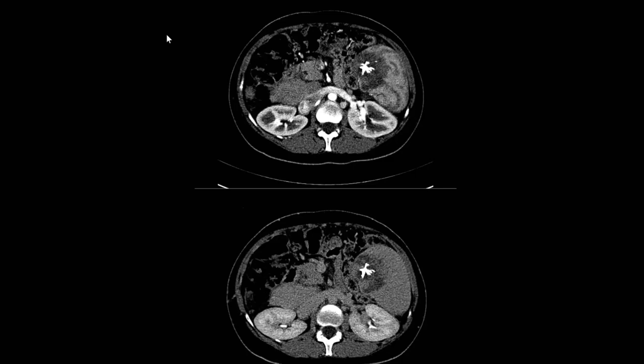On the basis of my findings, likely it's a splenic hydatid cyst. No. What's with central hyperdense?